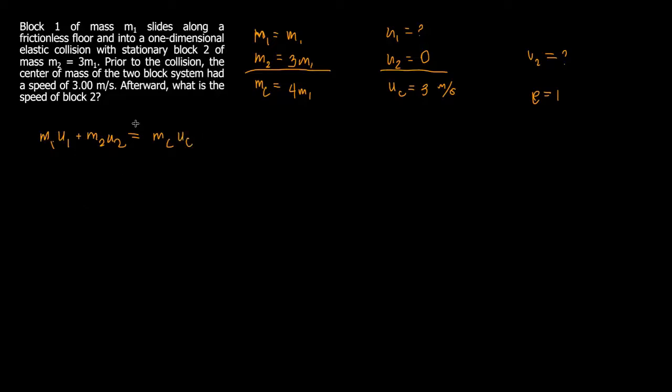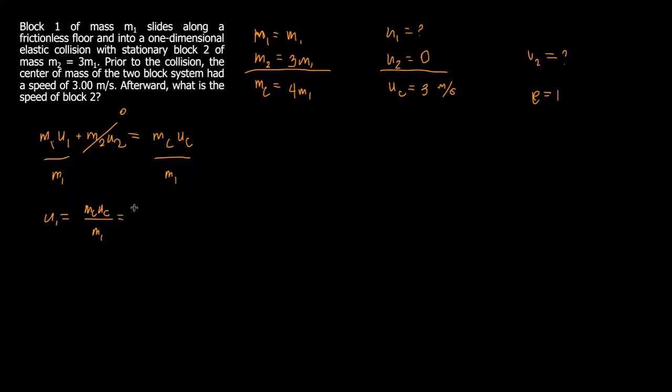So that's the equation, right? The u sub 2 term cancels since it is 0. We want to find u sub 1, so we divide both sides by m sub 1: u sub 1 equals m sub c times u sub c over m sub 1.